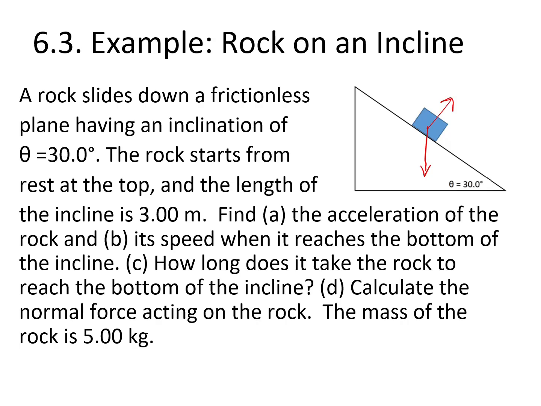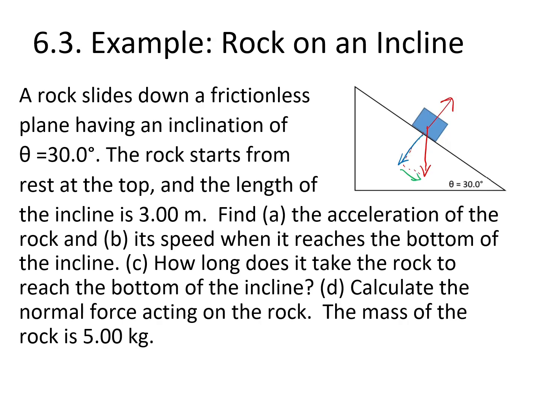Because the normal force is perpendicular to the incline, it does not point directly opposite to the weight. Therefore, the normal force cannot cancel the entire weight. Only the component of weight perpendicular to the incline is balanced by the normal force. The component of the weight parallel to the incline remains unbalanced, and that component causes the rock to accelerate down the ramp. This is the key idea of the problem.